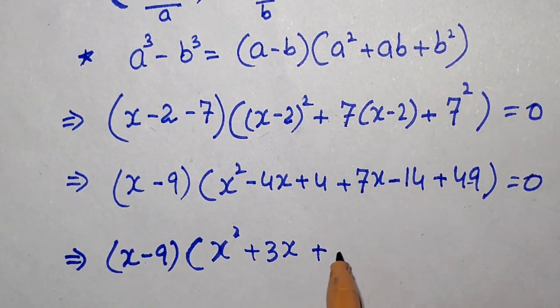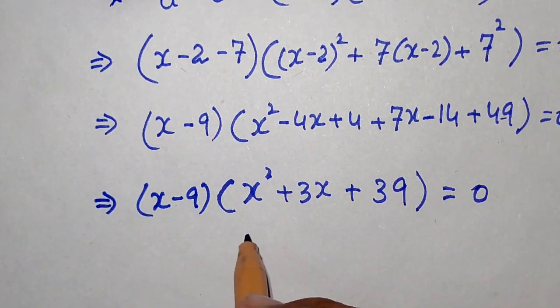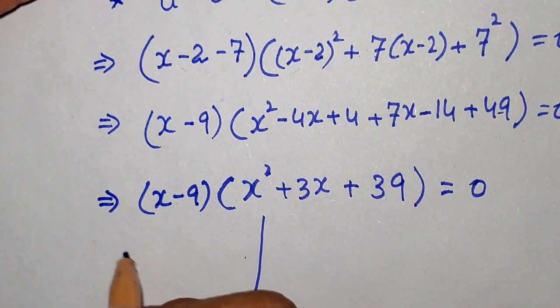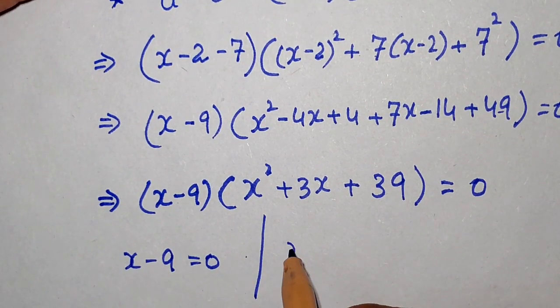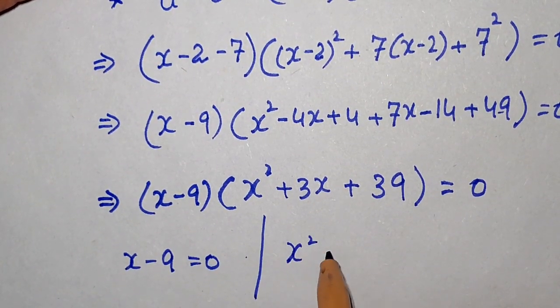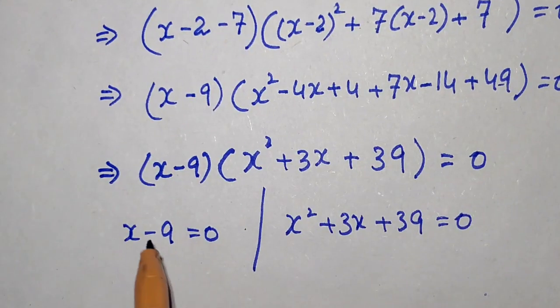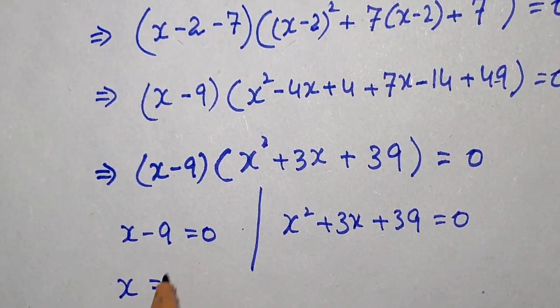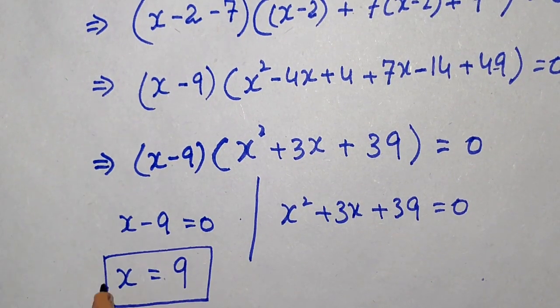So plus 39 is equal to 0. Now again here we have two cases. Case number 1 is x minus 9 is equal to 0, and case number 2 is x square plus 3x plus 39 is equal to 0. Here in the first case, x is equal to, we have to move this 9 to the right side, this will become plus 9. So x is equal to plus 9, this is the real value.